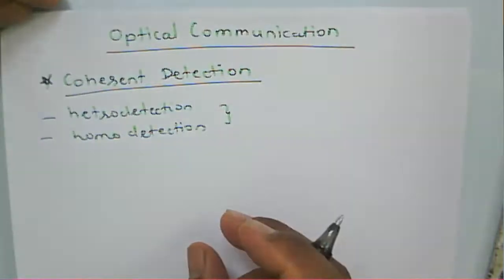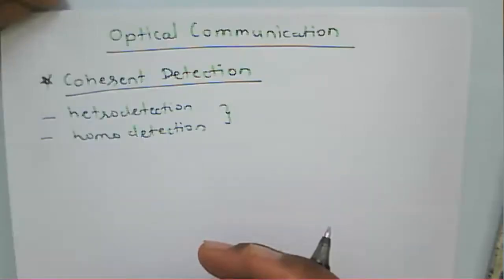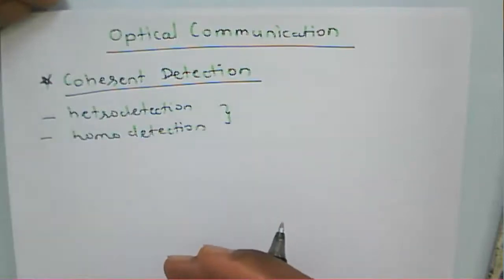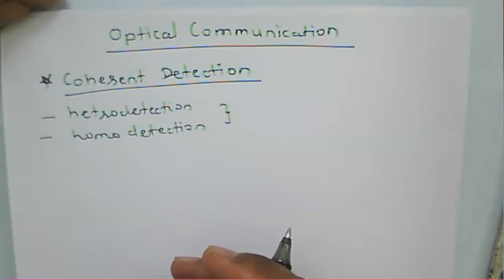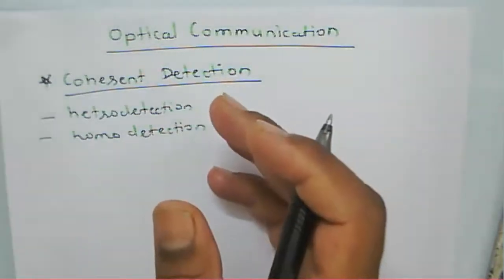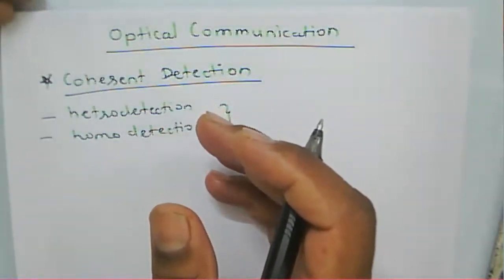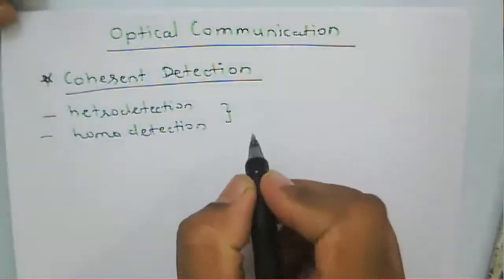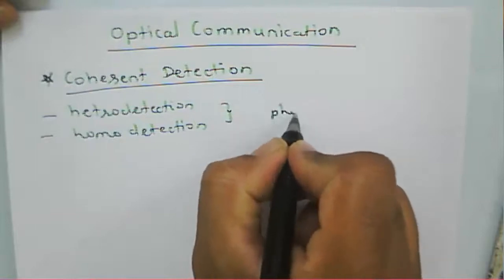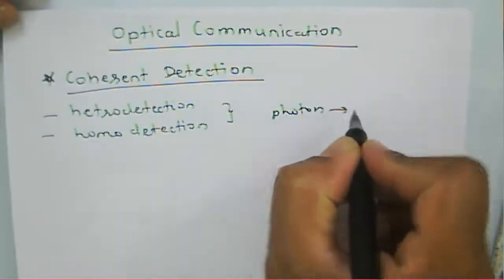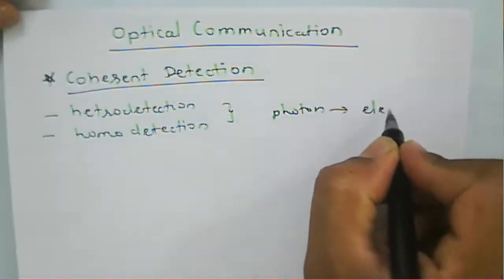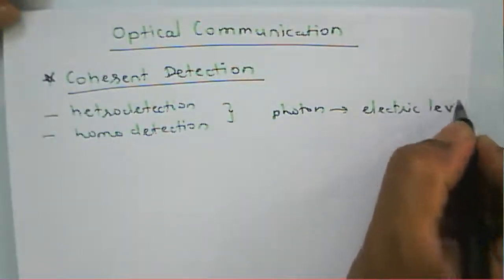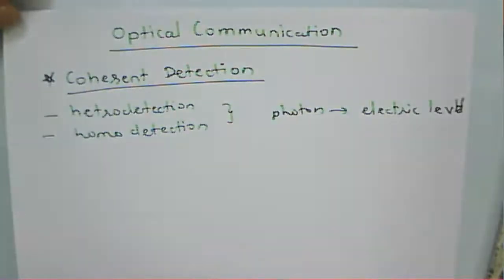Here, the detection of a signal means what? We have a photodetector. When the light falls on this photodetector, the photodetector converts that optical level, or photon, in terms of an electric field, or we can say in an electrical level.